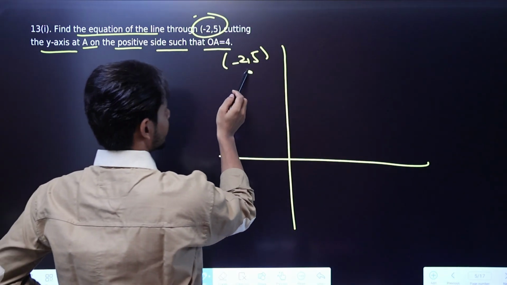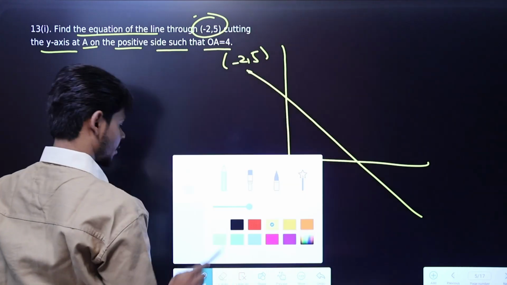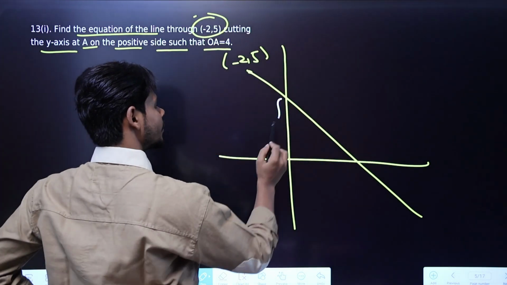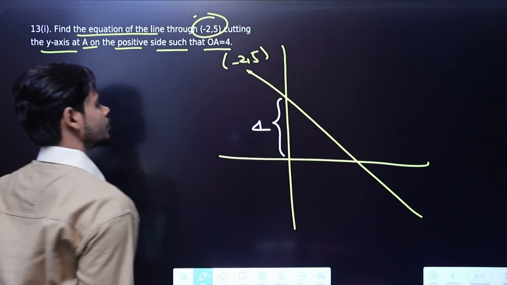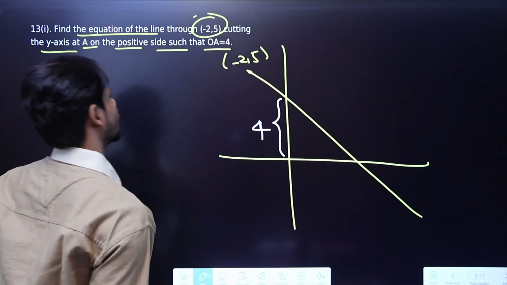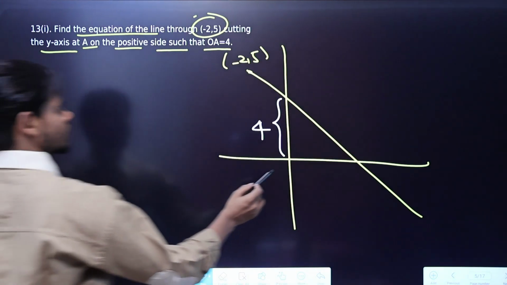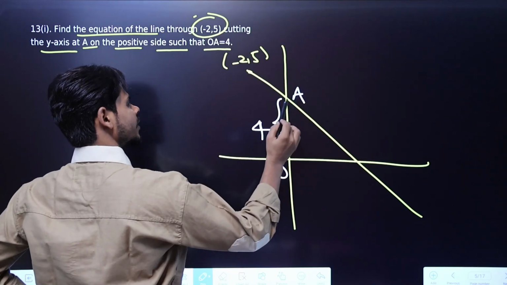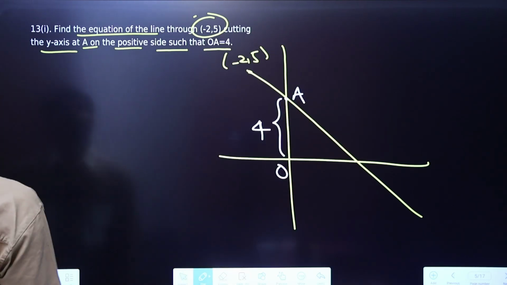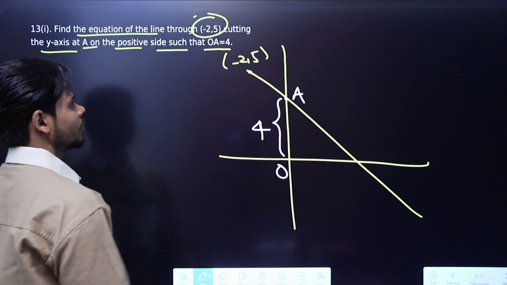So let's say it is passing like this, and this one is 4. Now OA, this is O, and it intersects at point A. We need to find the equation of the line through this point.